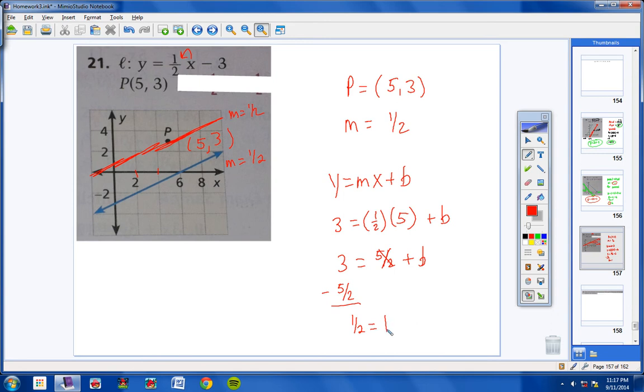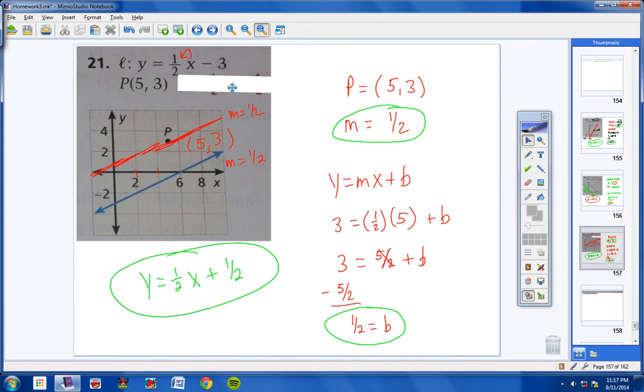Okay? So, I know what m is, I know what b is, and so I can write my linear equation. Y equals, then your slope comes next, and then your b comes next. And hopefully I've made no mistakes on this. Nope, we are good. There we go. Alright, continuing on to the next problem.